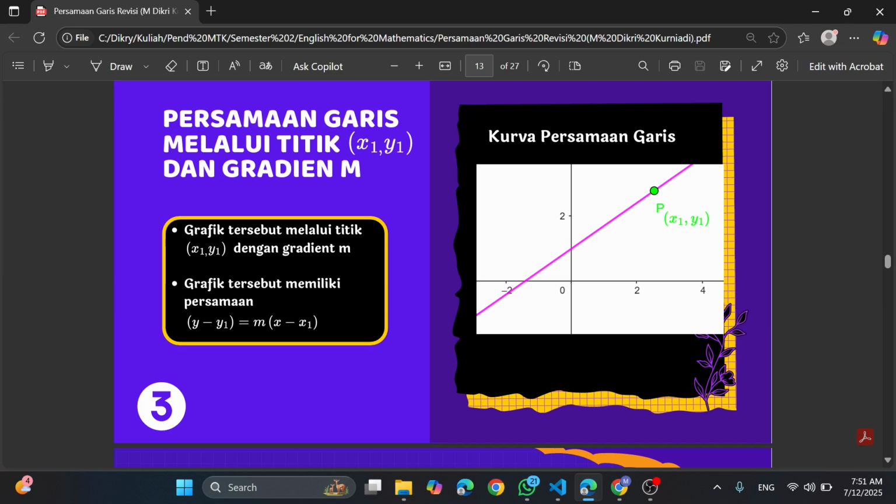The graph passing through the point x1, y1 with gradient m has the equation y minus y1 equals m times x minus x1. This is a curve we can see.